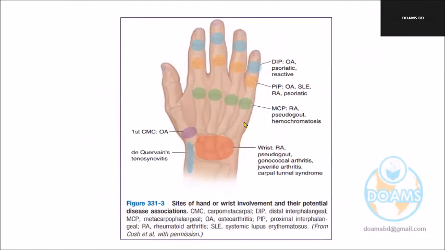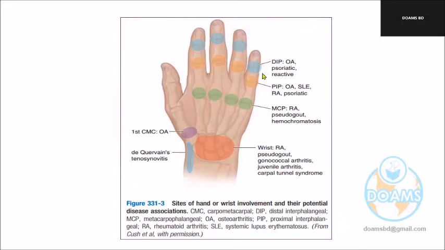By looking at the hand, you can identify different diseases, like the palmist in the street side, more common in South Asian countries. So as a doctor, looking at the hand and the pattern of joint involvement, you can identify.